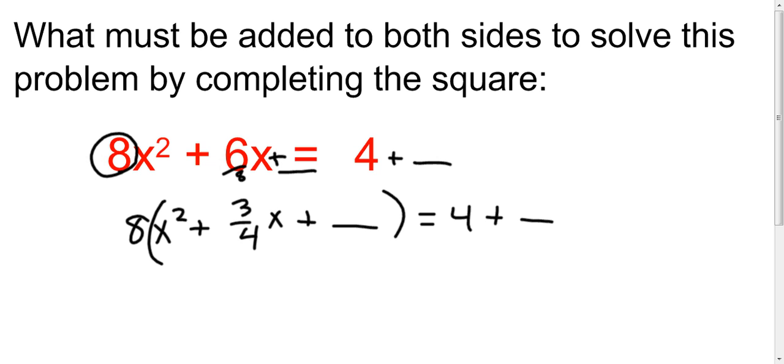And then you would have to figure out what half of this is. So half of 3/4 is 3/8, and then squared would be 9/16. Okay, and that's the number that would go in the blank on both sides. That's all that this is asking you, is what number you would put in the blank. Okay, so that's one kind of question.